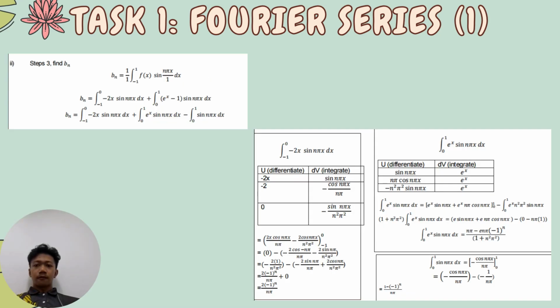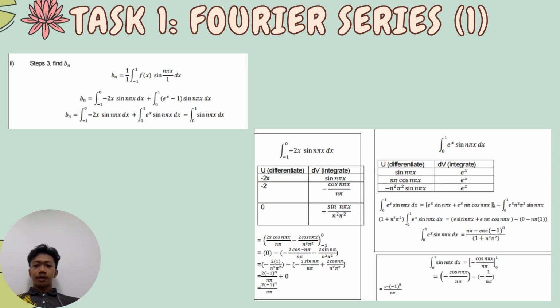After that, for step 3, to find the Bn, we repeat the same steps as previously, and we can see here, Bn equals 1 over 1 integral from negative 1 to 1 of f(x) sin n pi x over 1 dx.